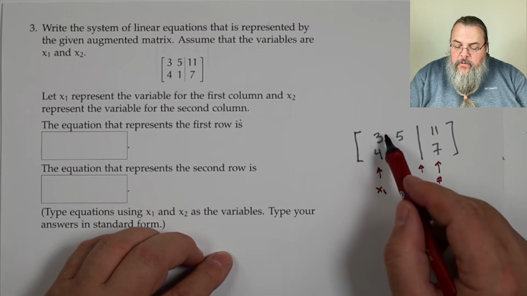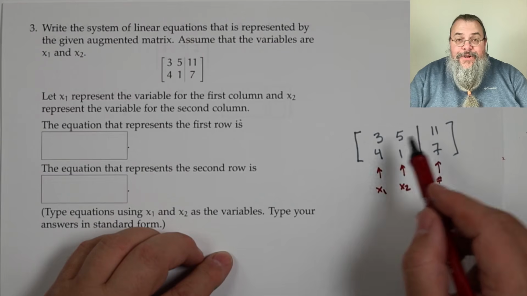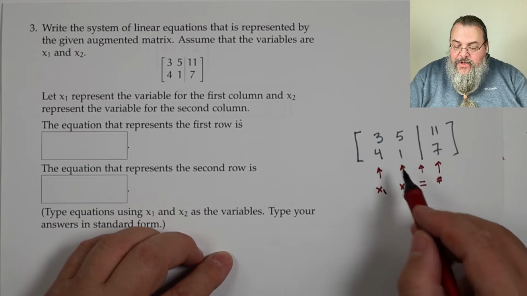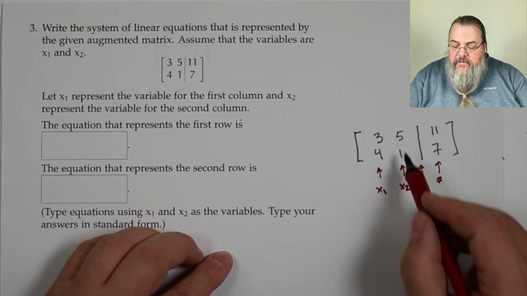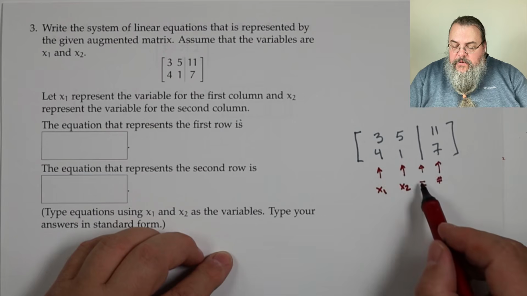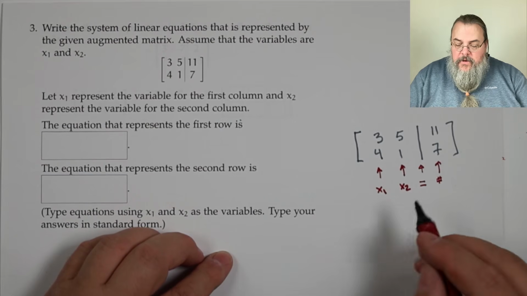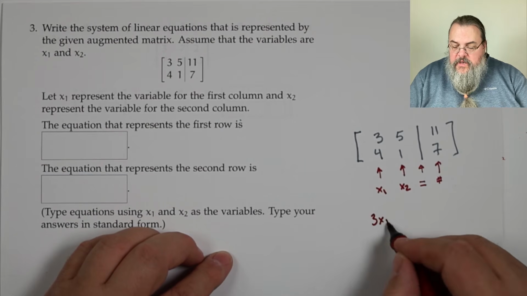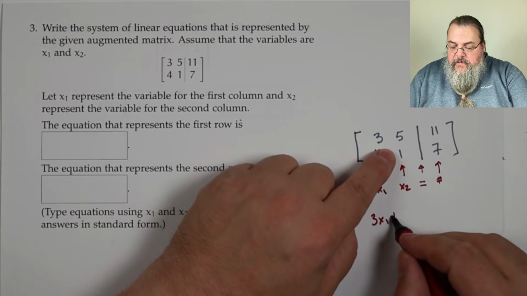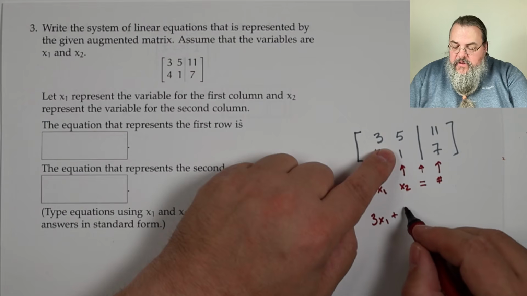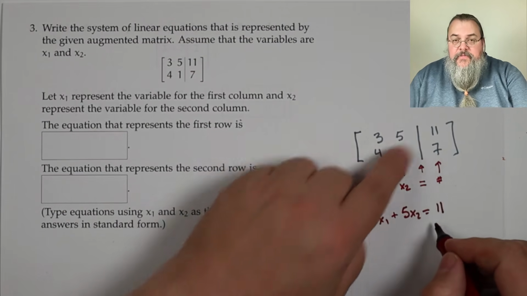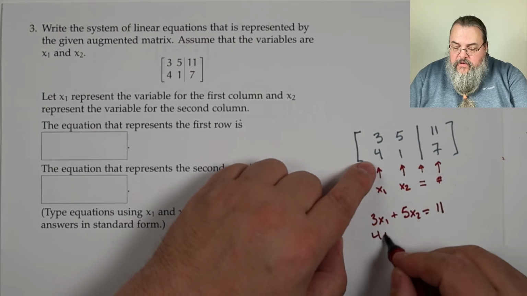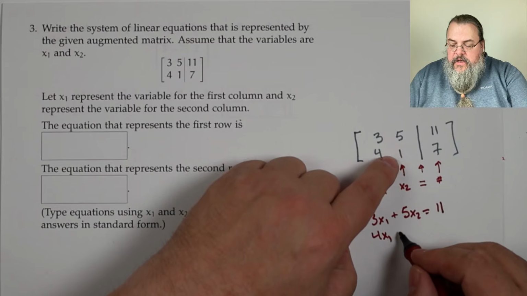What's going on? Well, these are storing coefficients. So we can read 3x1 and 5x2 equals 11. All right, so 3x1 plus 5x2 equals 11. Next one, 4x1 plus 1x2.